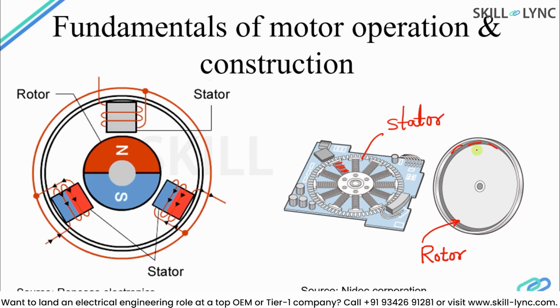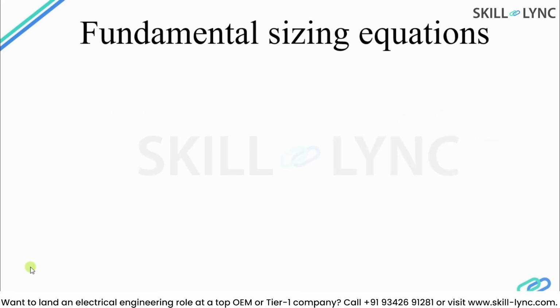We can dive deep into this and talk about the purpose of that type of motor construction, but during this short course we are not going to touch upon that part. So let us now focus on the fundamental sizing equations.